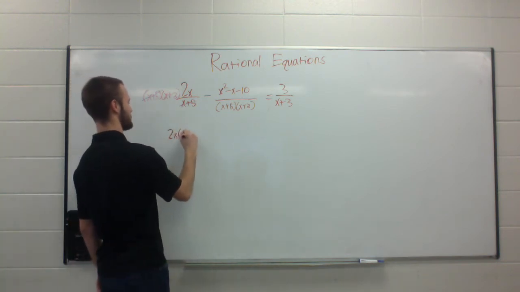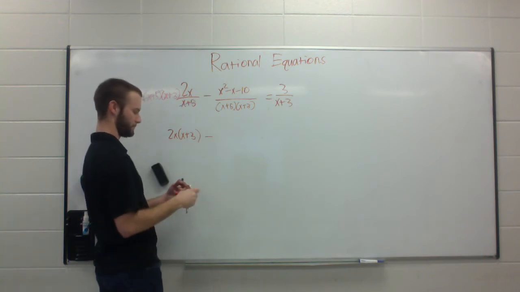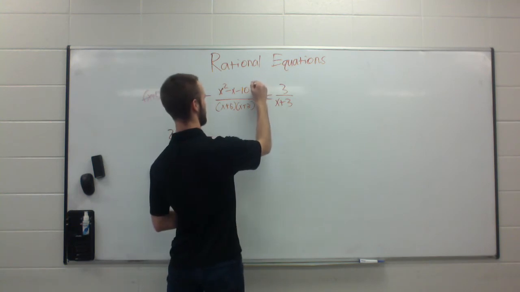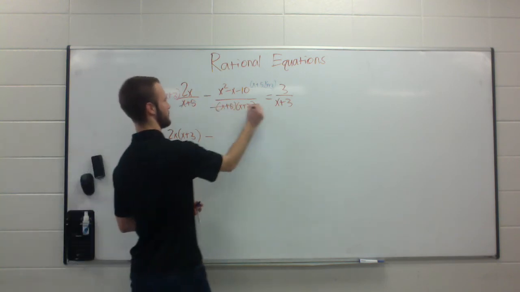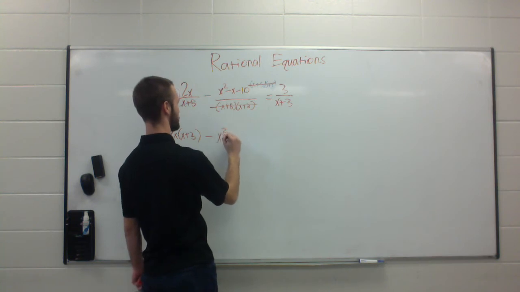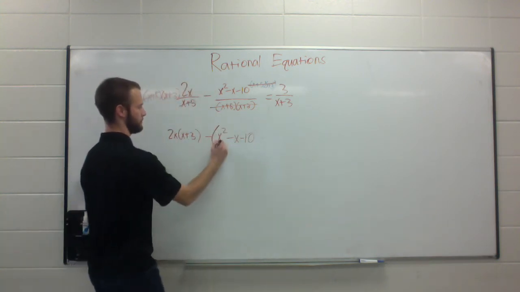2x times x plus 3 minus, on this one, when we multiply by the denominator, the whole thing divides to 1. So we're just left with the numerator. Divides to 1. So we're left with x squared minus x minus 10. Now careful here.